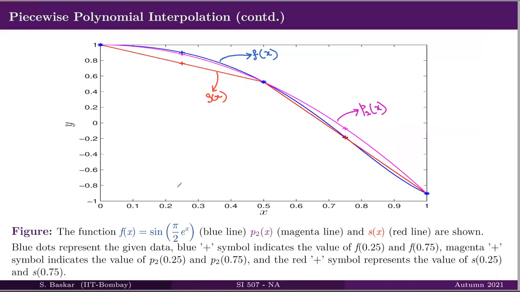You can see that at the point 0.25, the piecewise polynomial interpolation is giving a poor approximation, whereas the quadratic polynomial is giving a good approximation. Whereas at the point x equal to 0.75, the situation is just opposite. The linear polynomial is giving a good approximation, whereas the quadratic polynomial gives a poor approximation.